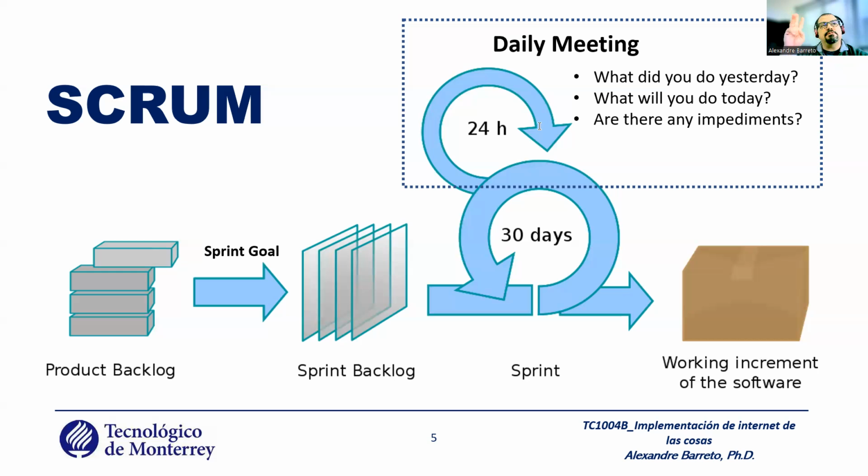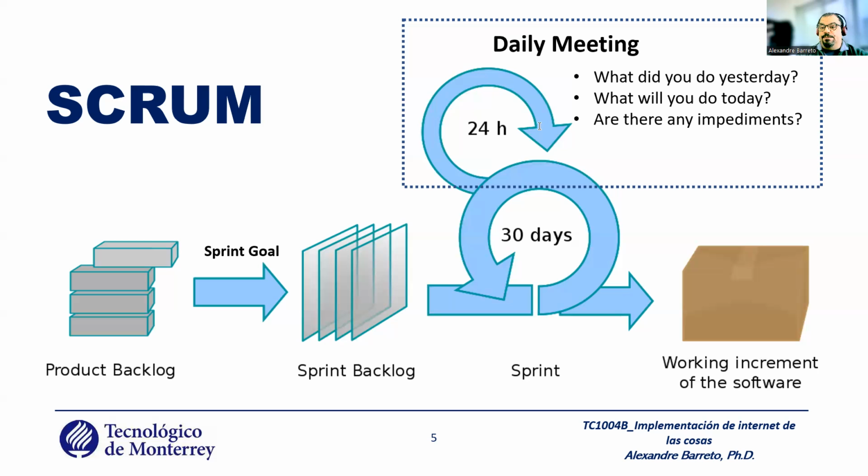Because you need to answer 3 questions. What did you do yesterday? What will you do today? And are there any impediments, or which impediment do you have? Okay, it's important to the team because if one guy of the team needs you to finalize your work to start his own work, this guy can understand the situation and plan, maybe change the task or things like that.